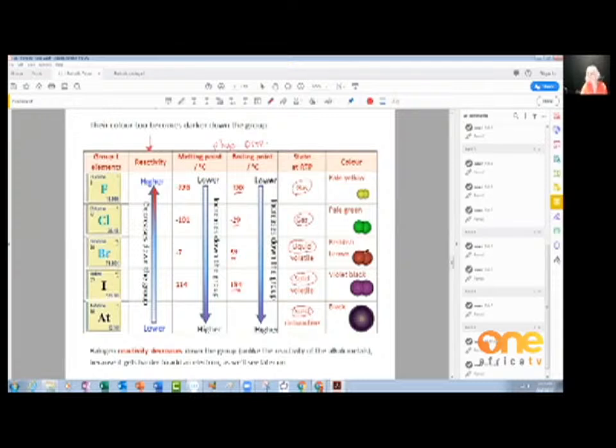Bromine, remember it's a liquid, but it's very volatile. This word volatile means that it vaporizes very easily.